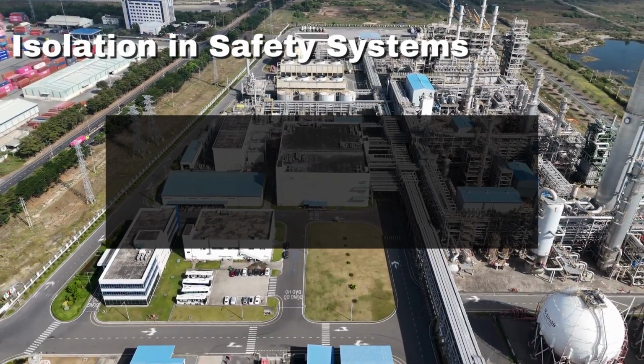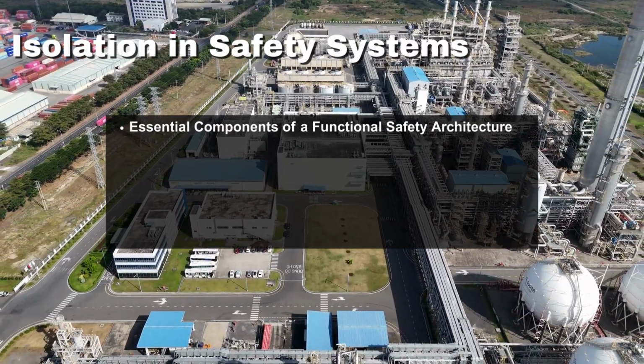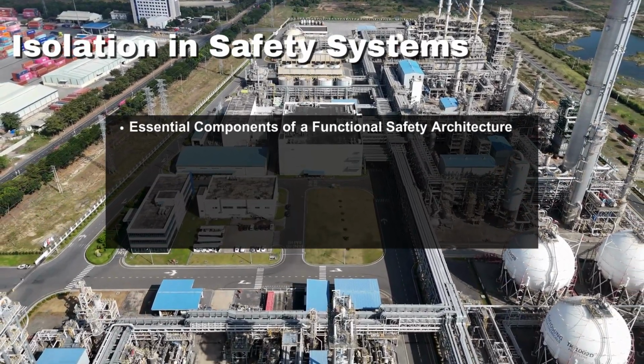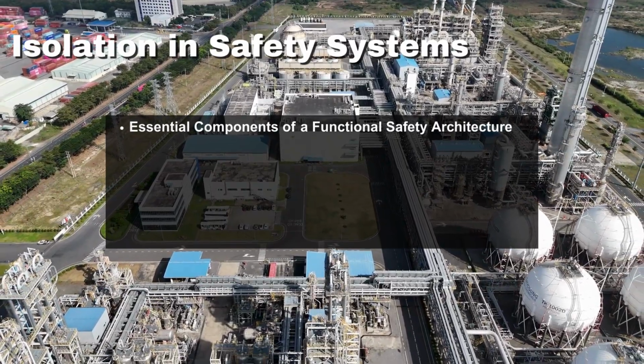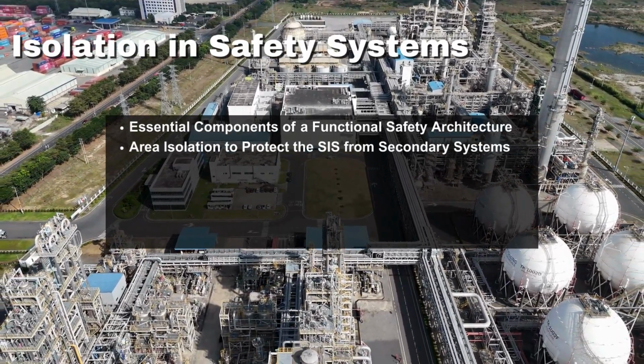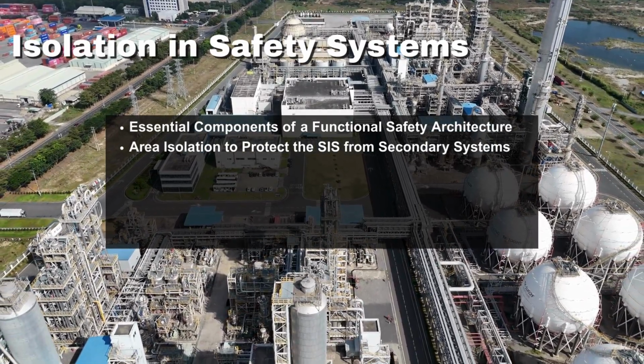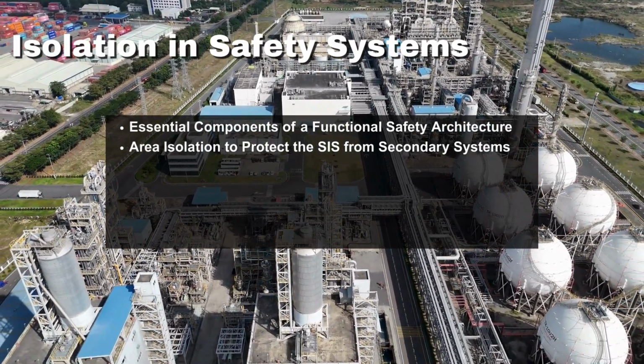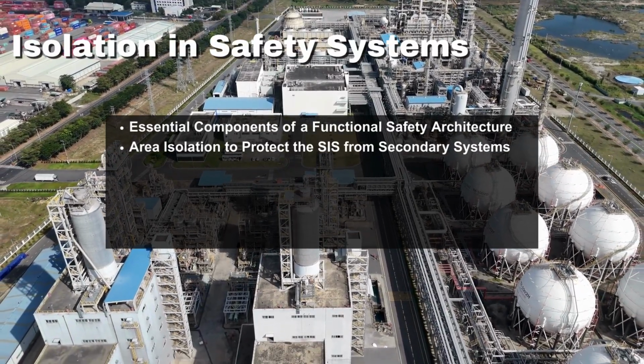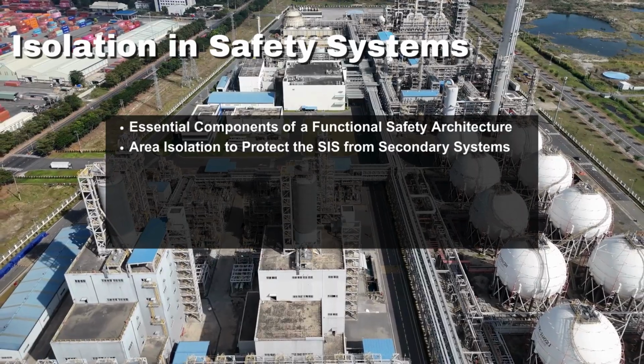In this video, we've covered how functional safety isolators and splitters protect your most critical process loops. We looked at how area isolation shields the safety instrumented system from failures in secondary systems, keeping the safety boundary intact regardless of what happens on the non-SIS side.